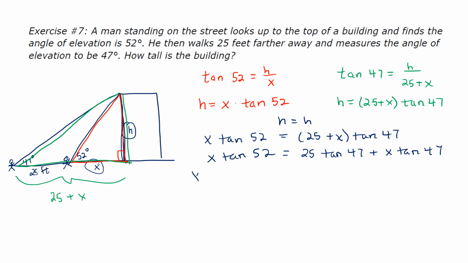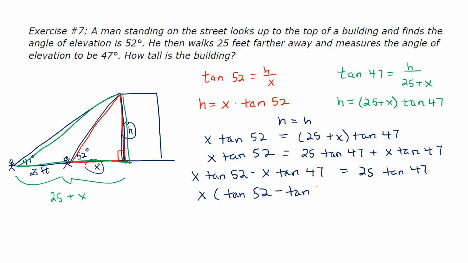So I'll have x times the tan of 52 minus x times the tan of 47 equals 25 tan of 47. Now on the left-hand side, both terms have x, so I'm going to factor out an x. Remember, the goal is to get x by itself. The right-hand side stays the same.